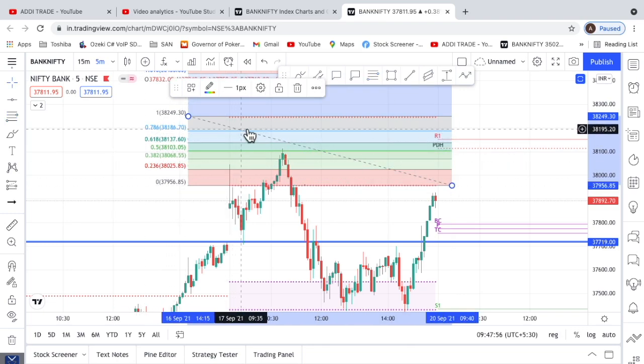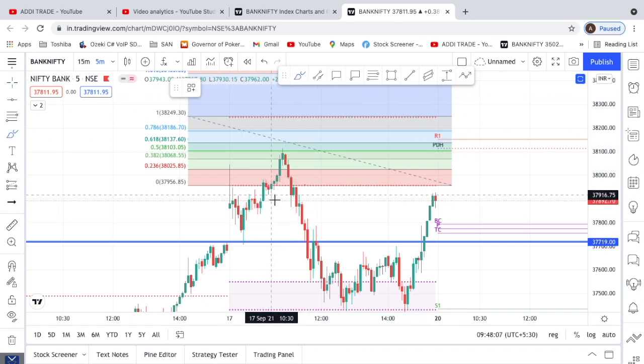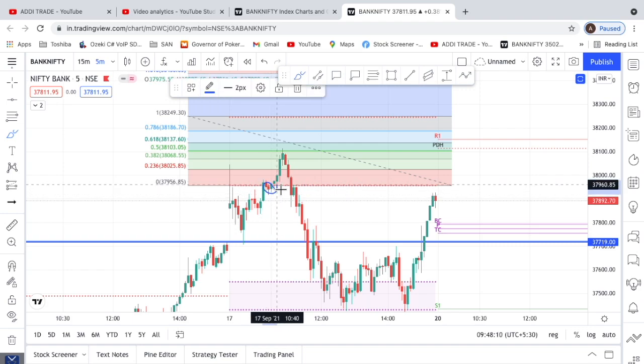So the moment I saw this rejection coming, assuming that we're going to hit R2 or 50%, I entered here. This was one trade that I took on Friday. I entered after this green candle, and the moment this red candle started forming at 50%, I booked my profits here. See, it exactly hit 50% and started reversing.